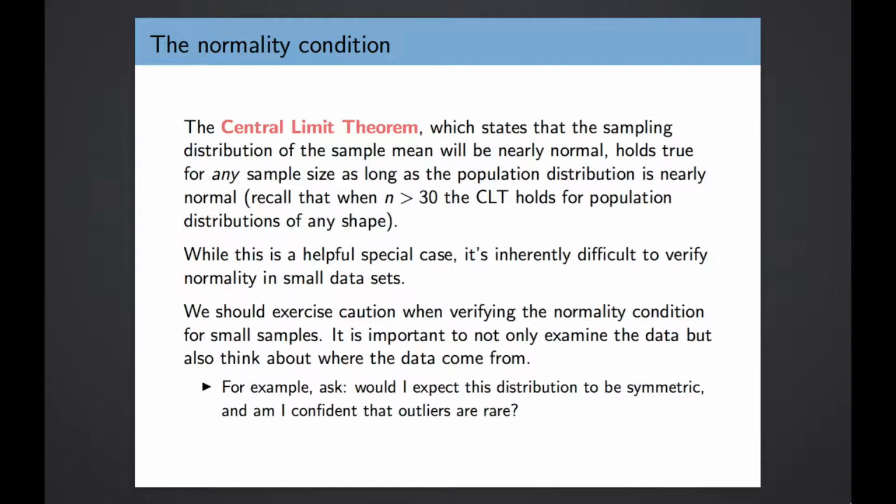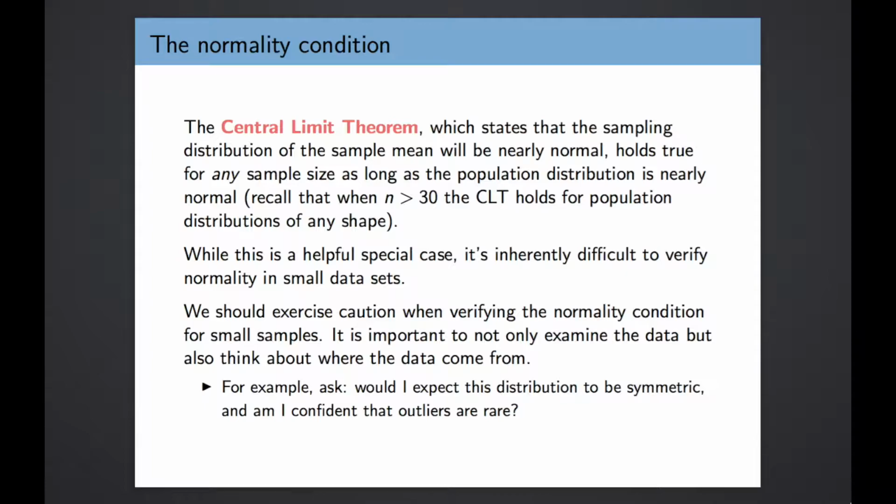So even if we have skewed underlying population distributions, the sampling distribution of sample means will be nearly normal if we have a sufficiently large sample. The central limit theorem also tells us that if the population distribution is nearly normal, even when we have very small samples, the sampling distribution of the sample mean will be nearly normal.